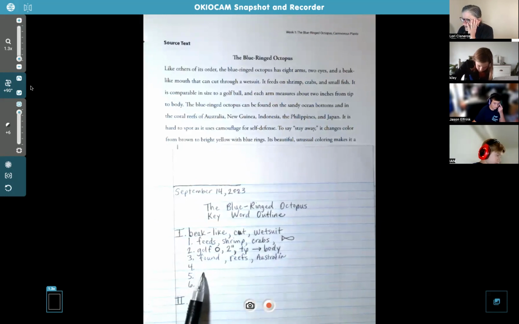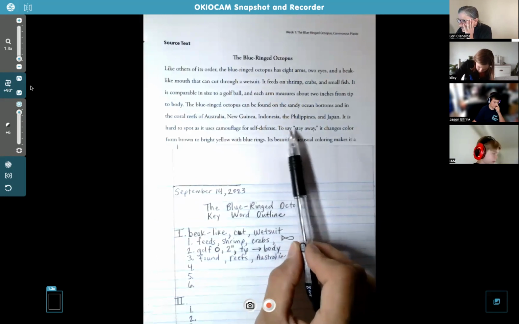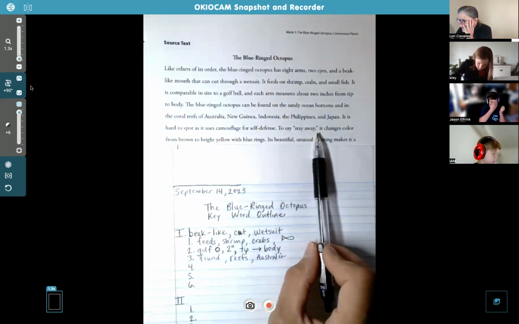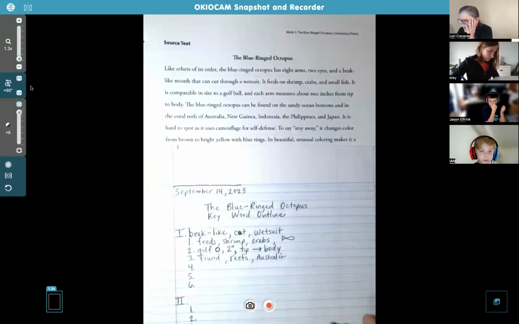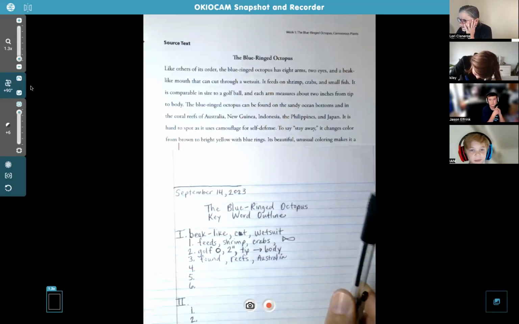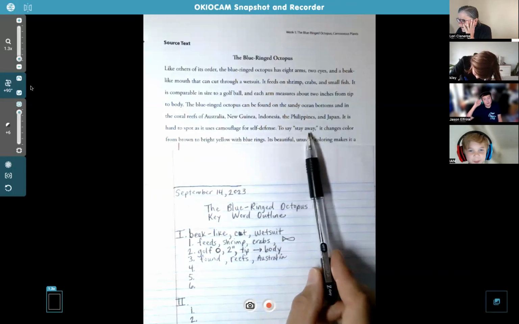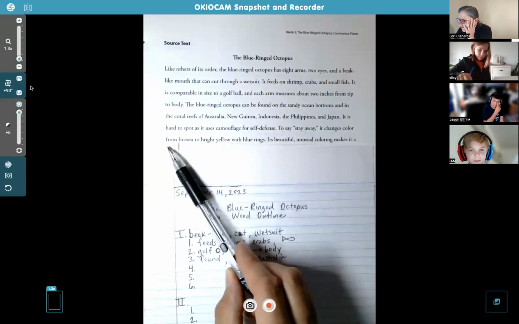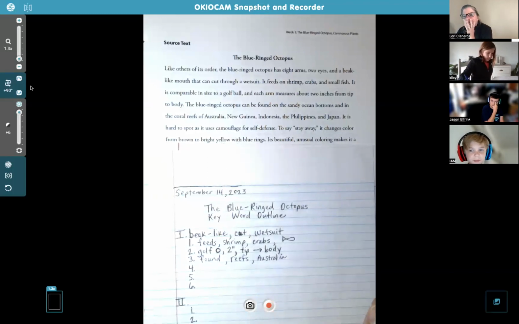The next sentence is here. I'm going to have Ian do the next one. It starts right here. To say stay away, it changes color from brown to bright yellow with blue rings. So what are some key words in that sentence, Ian? Read the sentence again, sorry. To say stay away, it changes color from brown to bright yellow with blue rings. Stay away.